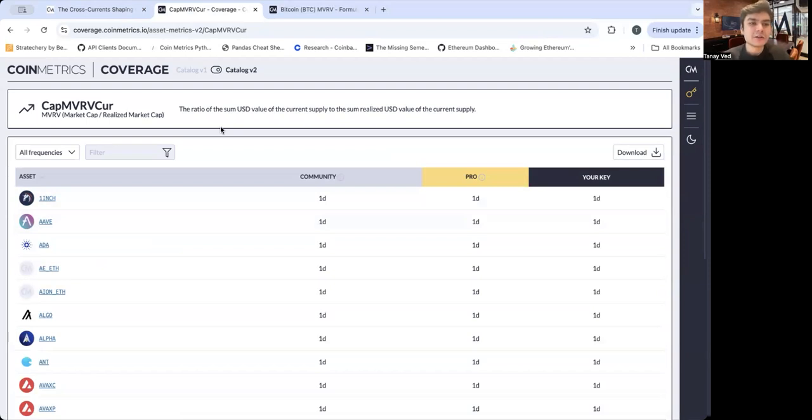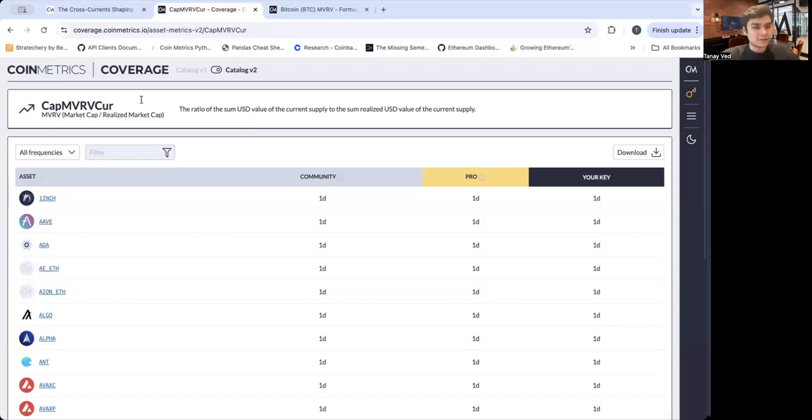It's a ratio measuring the market cap of Bitcoin, which is the price of Bitcoin multiplied by its current supply, divided by the realized market cap, which is the aggregate cost basis at which all Bitcoins were last moved on chain. So it gives you a sense of Bitcoin's market value relative to its aggregate cost basis. Do we have that data going back to the beginning of history, so to speak? Yeah, pretty much the entire history of Bitcoin.